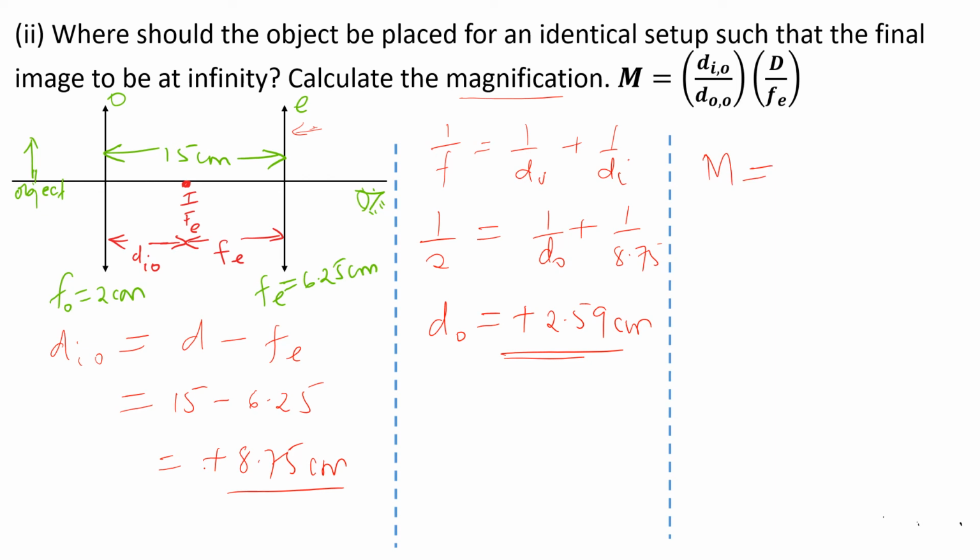Magnification is going to be DIO, which is 8.75 divided by 2.59, multiplied by least distance of distinct vision, 25, divided by 6.25. The final answer becomes 13.5. Magnification is 13.5, which means the image is 13.5 times bigger than the object.